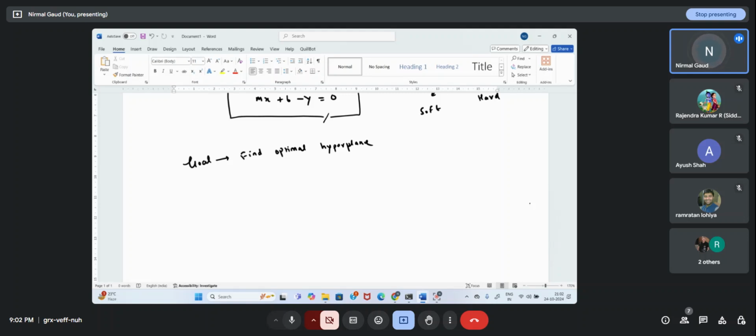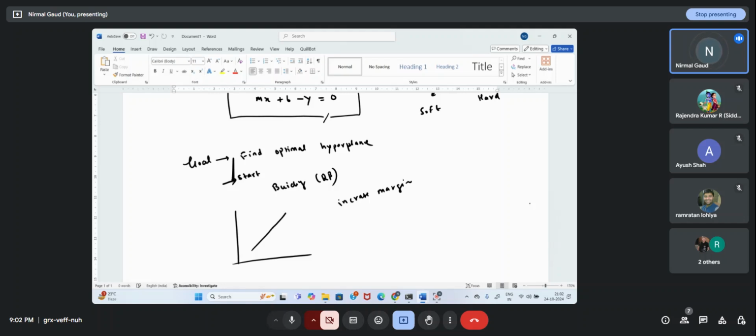So we start our algorithm, and it starts building the decision boundary. It tries to increase the margin.